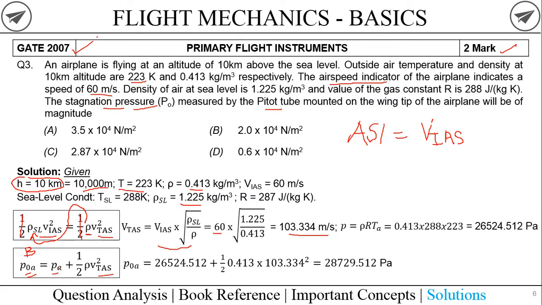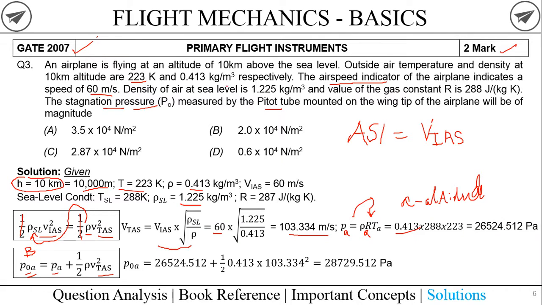Now solving for the next unknown value, the pressure at that altitude, we know from the equation of state P is equal to rho RT. So here, as we are concerned with the values at that particular altitude, I am taking all the values at that altitude. So for P A, I will be substituting rho A times R gas constant times T A. So A means altitude.